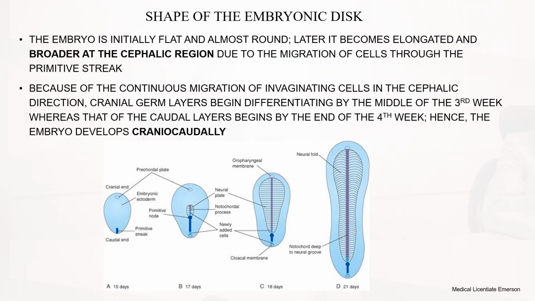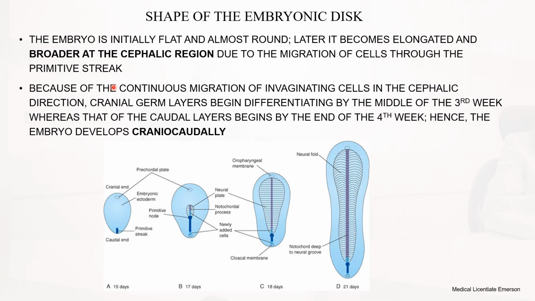So let's go to the shape of the embryonic disc. The embryo is initially flat and almost round. Then later it becomes elongated and broad at the cephalic region due to the migration of the cells through the primitive streak.